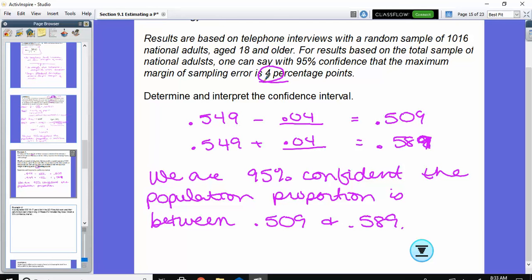So let's do another one, building the confidence interval ourselves.